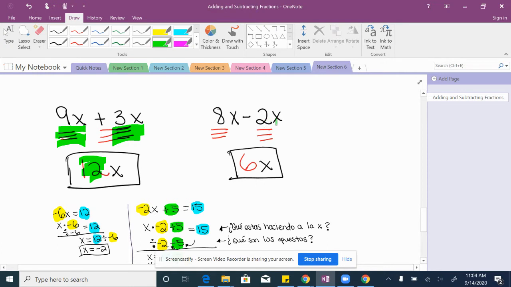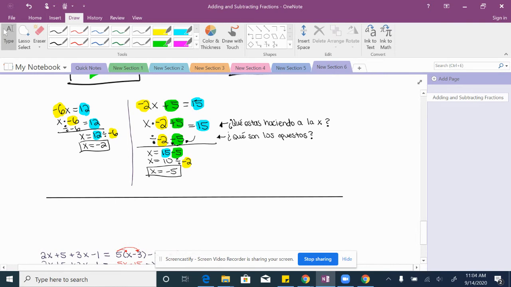Here, 8x minus 2x, both have x, so yes, we can combine them. 8 minus 2 is 6.